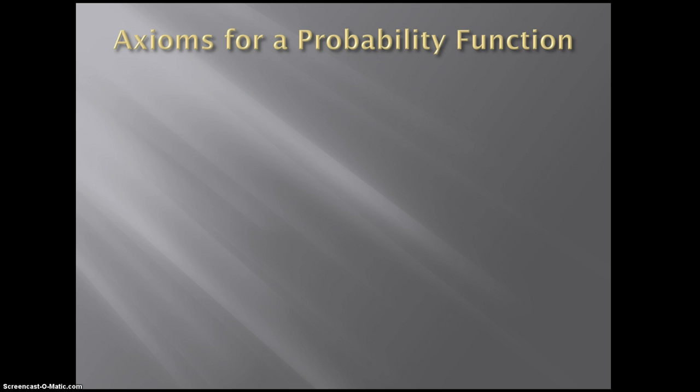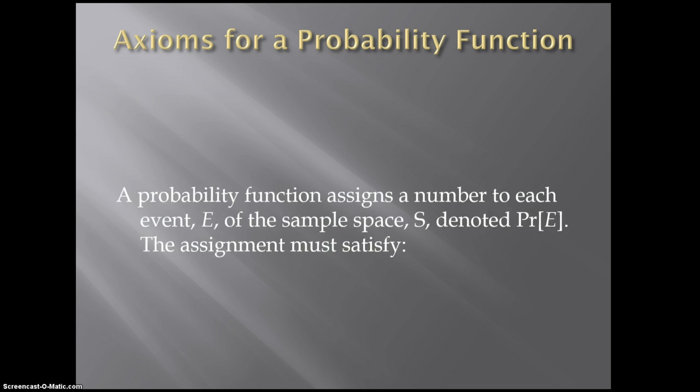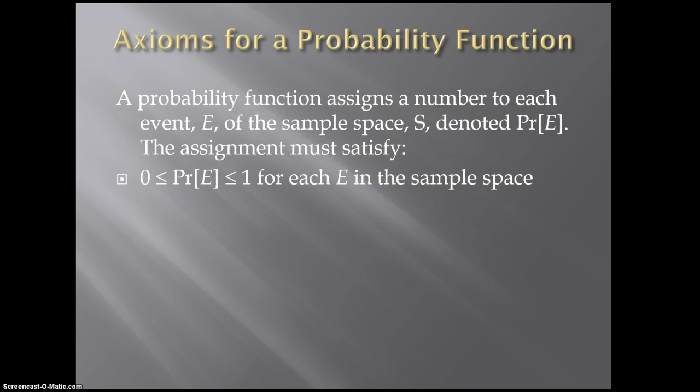Now here are some of the axioms for probability functions. So let's say we have a probability function that assigns a number to each event E in the sample space S. The following has to be true. The probability of E has to be between or equal to 0 and 1. The probability of the sample space happening is 1.